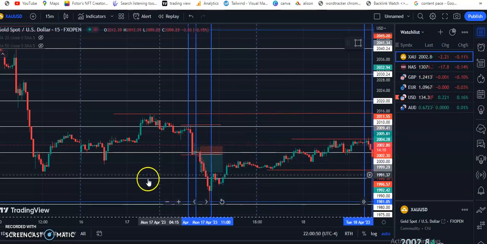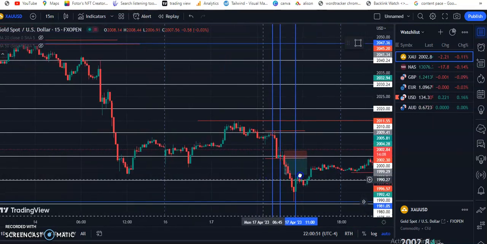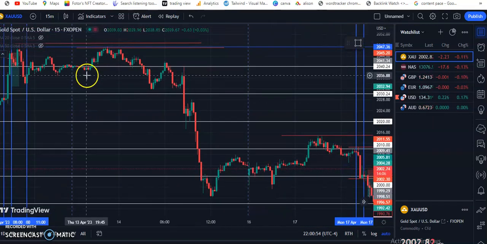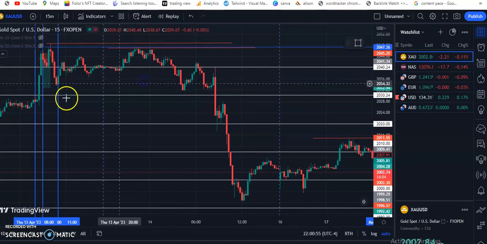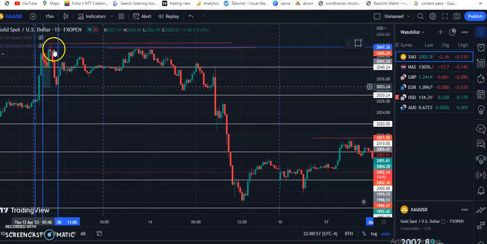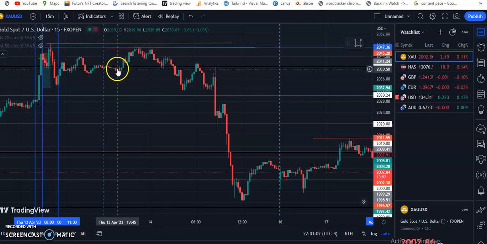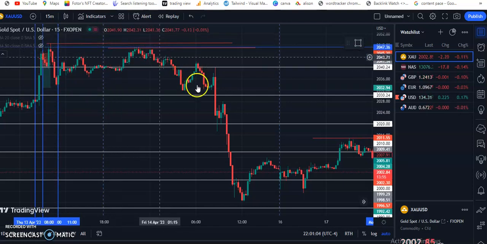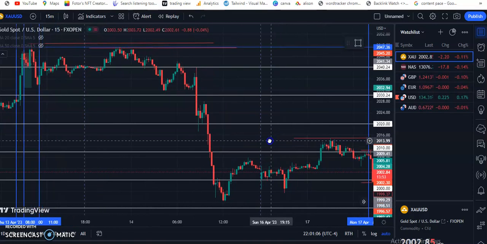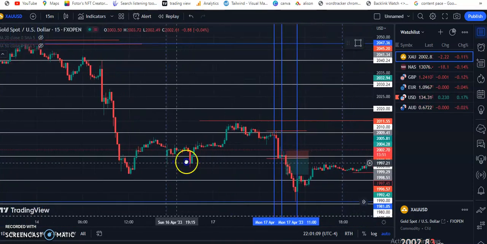Not like the previous day here. Look at the way it happened. So there was the pump in the New York session, and then the next day pump again, and it broke down. This is not the same as yesterday. There was no breaking down.